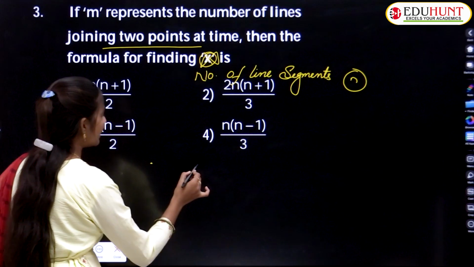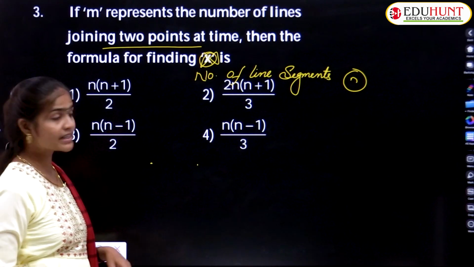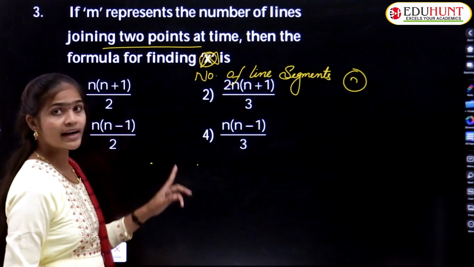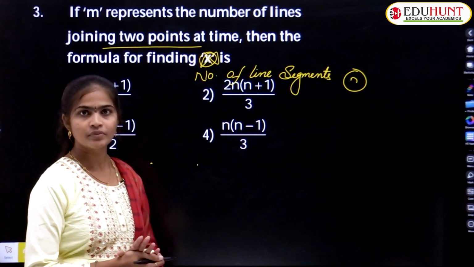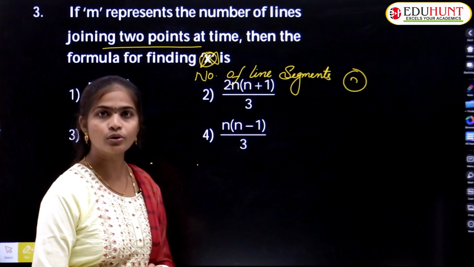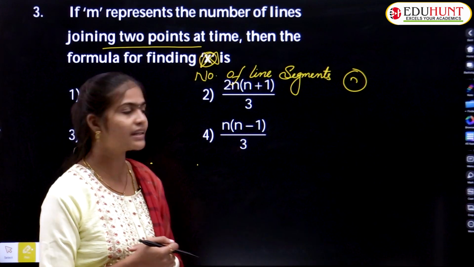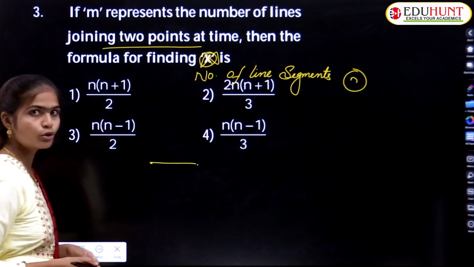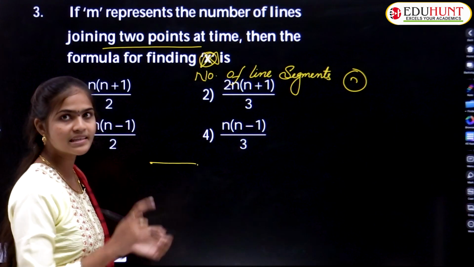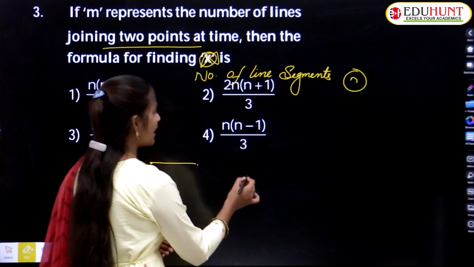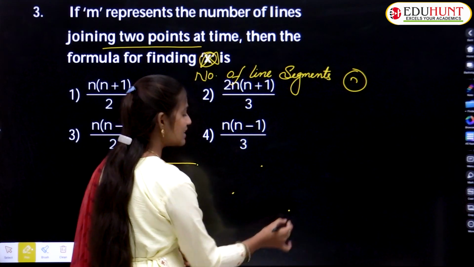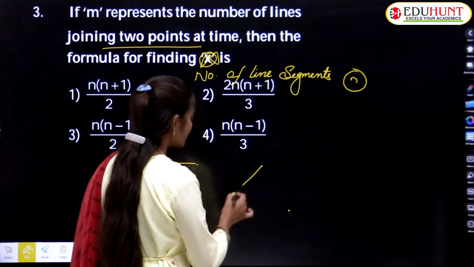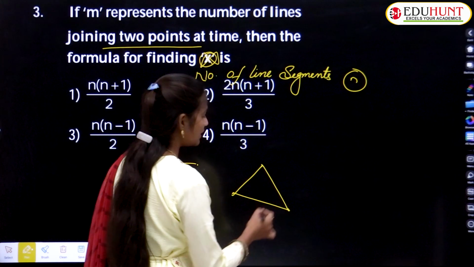For example, I took 2 distinct points, and one more thing we have to consider: the points should be non-collinear. Then what is the formula they are asking? For two non-collinear points, when you join the 2 points, we have one line segment. And if I take 3 distinct points, how many line segments will I get? 1, 2, 3.